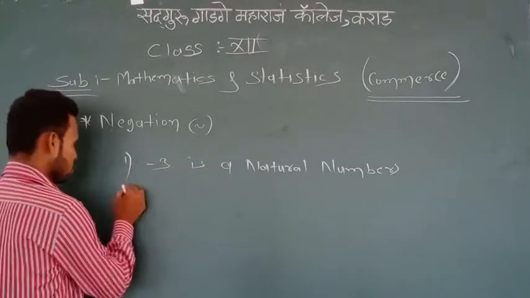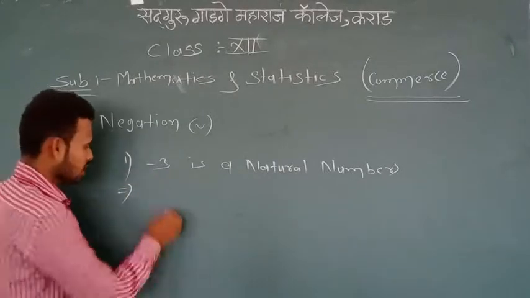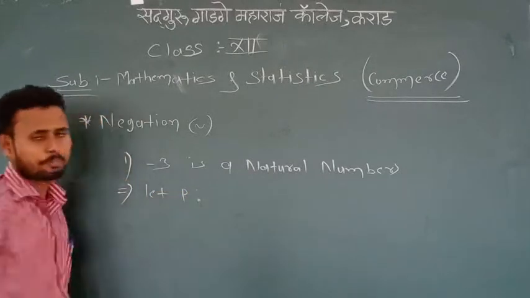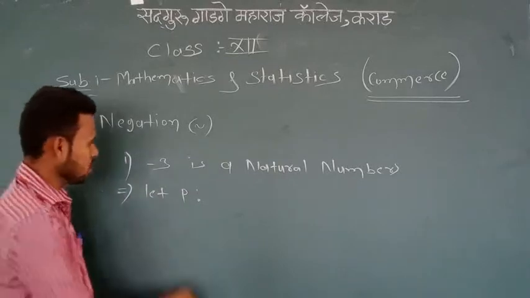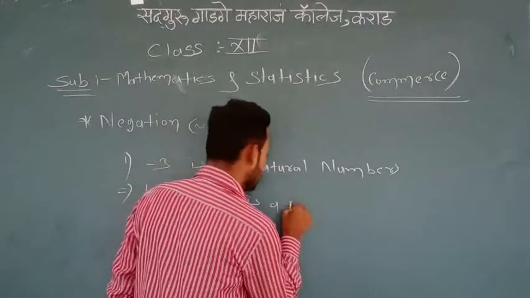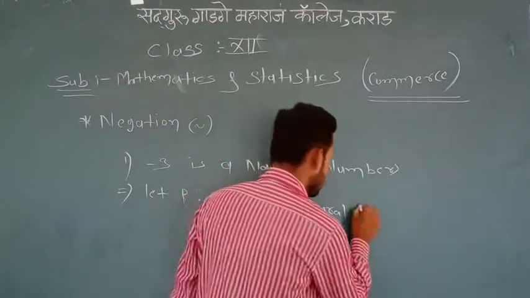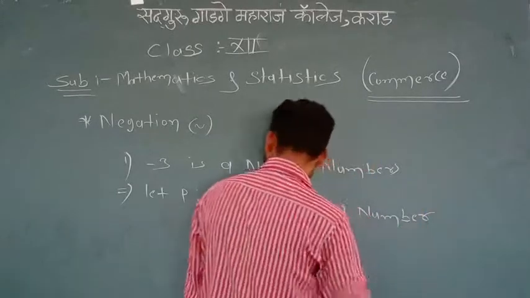Solution: first consider the given statement as a statement. Let P denote -3 is a natural number.